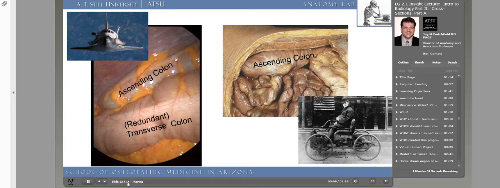We see an embalmed cadaver showing the ascending colon, and another image taken from an actual operative photograph showing what the ascending colon and a redundant transverse colon actually look like. There are very few similarities except for morphology. They feel different in the operating room, they look different, and one of them will actually bleed, but that's not the point. The point is they're all tools to learn anatomy, and some tools are better than others.